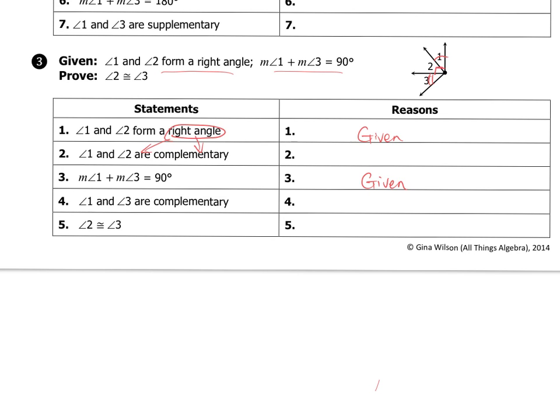From right angle to complements, that is my complement theorem. Then step 3, the sum of the measures of angle 1 and angle 3 is 90 degrees. That's given. Step 4, then they are complementary, and this is by definition of complementary angles.